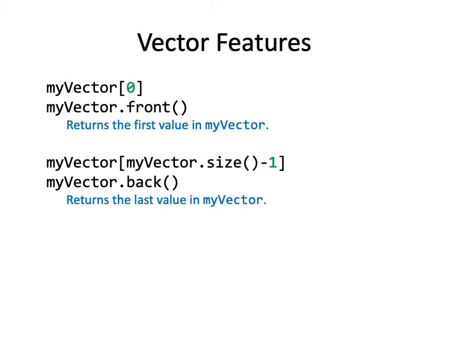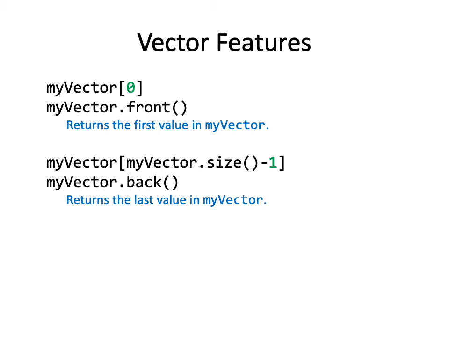Now there's a similar one for the back. If you want to get the very last element of a vector, you can just ask it, myVector.back, what is the back value? You could also do it using the array notation right above with the brackets: myVector, and then myVector.size minus 1. That's the same thing as you would do for an array if you were trying to get the value at the last array element.